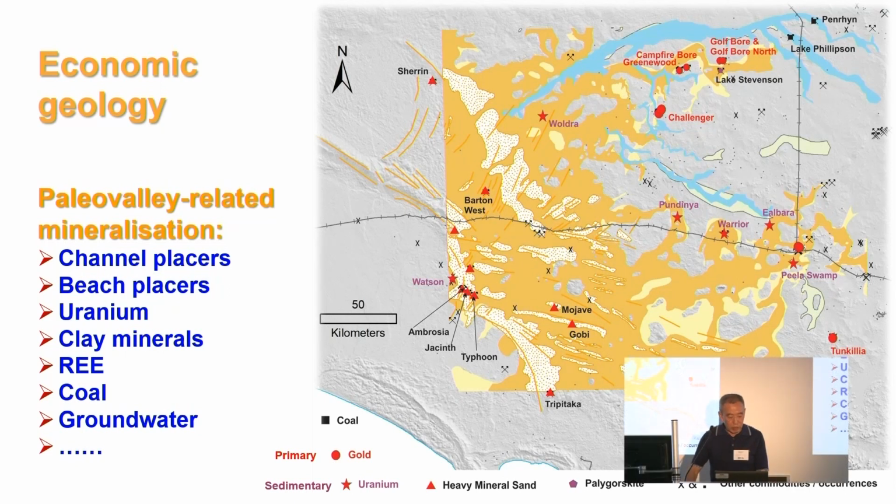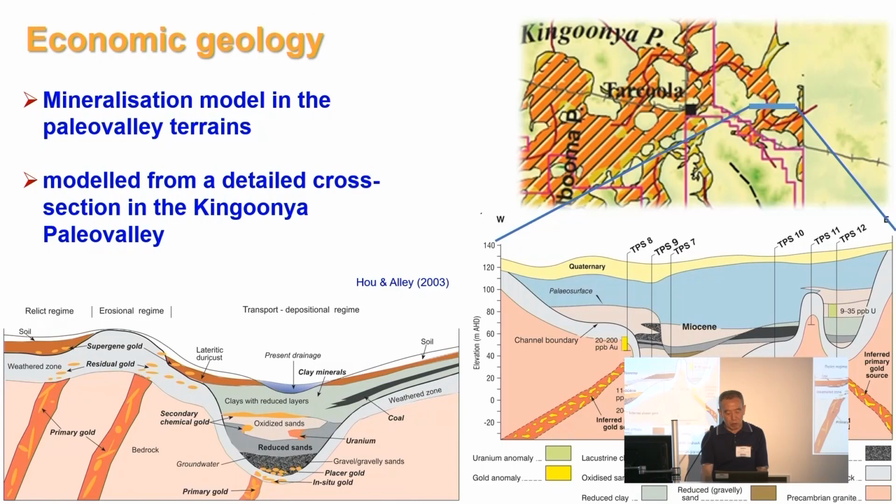In this area, first, you can find channel placer gold or beach placer gold. Beach placer deposits, we already know of several over there. And uranium, some anomalies, also clay minerals, and these days the Geological Survey has put up some rare earth elements within channels. This is a very hot topic these days. And coal, groundwater, all the information we put in the report book.